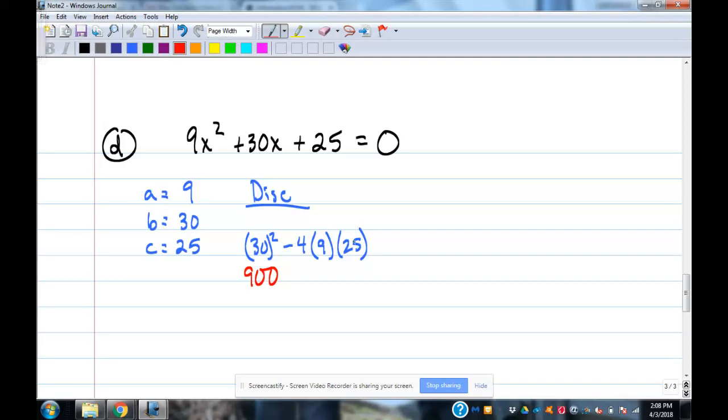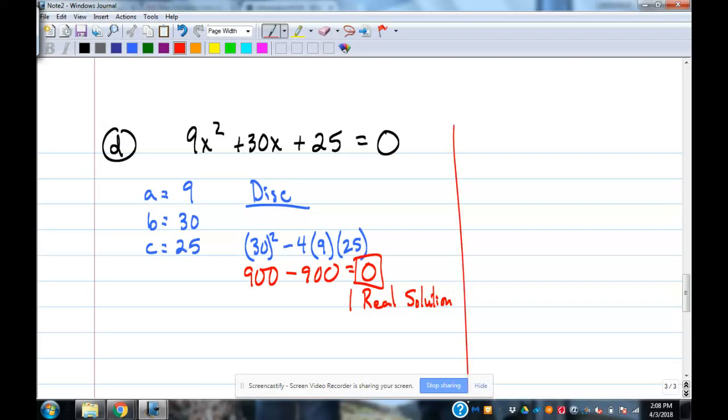Or maybe do it in a different order. What's 4 times 25? Times 9? That's a little easier, right? Oh, the discriminant is 0 on this one. So that means we have what? One real solution.